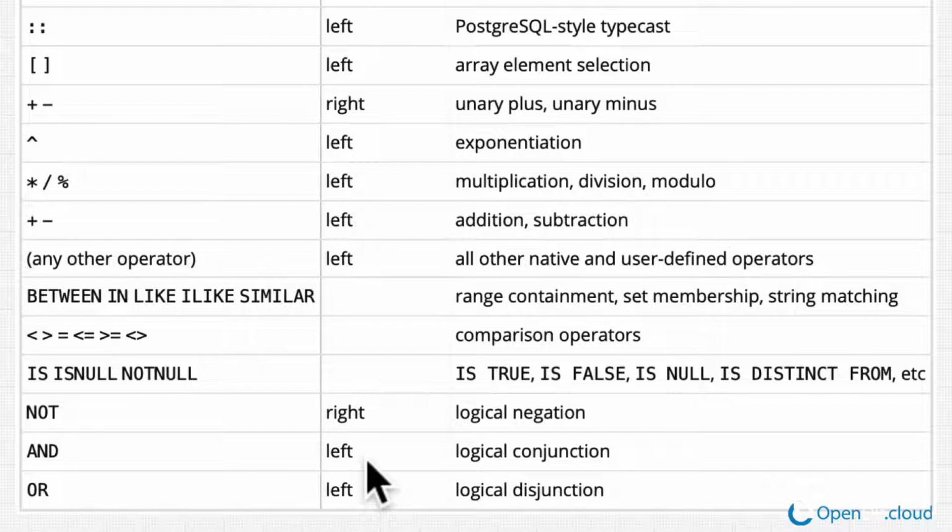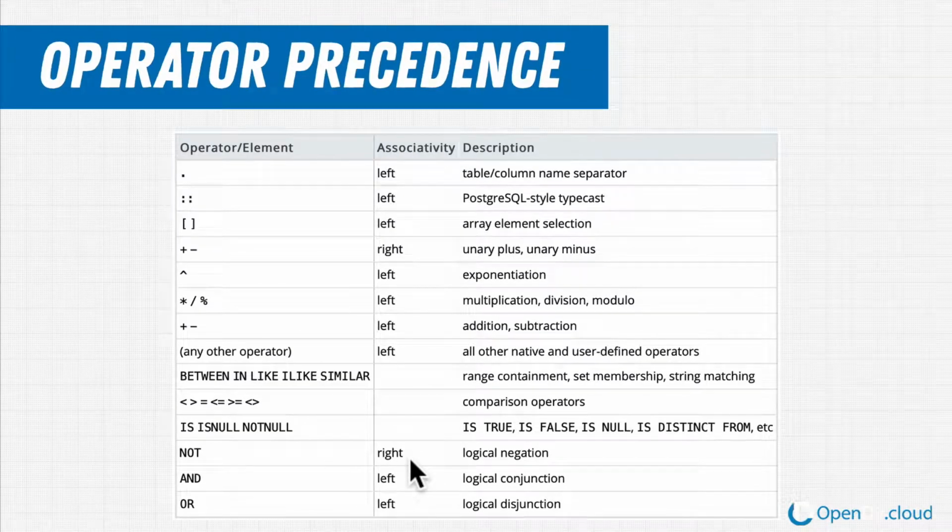And we can see that and has left associativity and or has left associativity. And not goes from right to left. Interesting. Okay. So, for operator precedence, when we're talking about using multiple of the same operator, it goes from right to left for not and left to right for and and or.